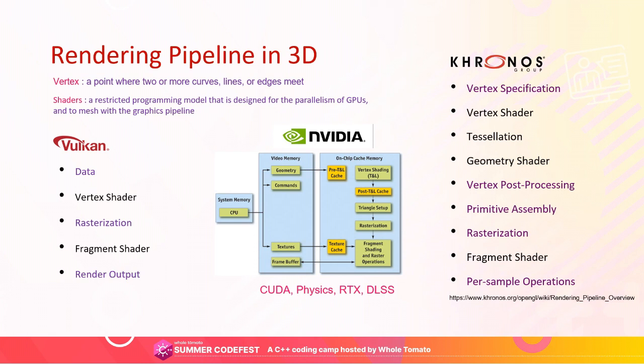And optionally, there are a vertex shader and a fragment shader. And in the Khronos Group, there are vertex specification, vertex shader, tessellation, geometry shader, vertex post-processing, primitive assembly, rasterization, fragment shader, and per-sample operations as the steps.